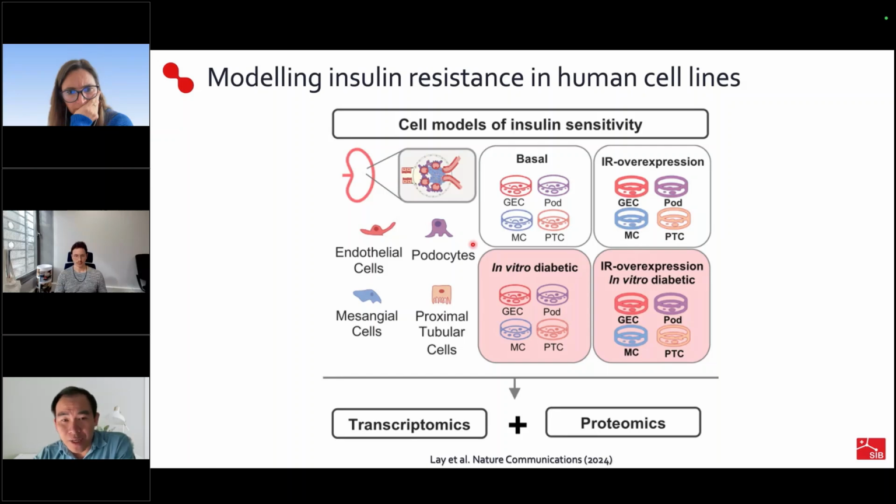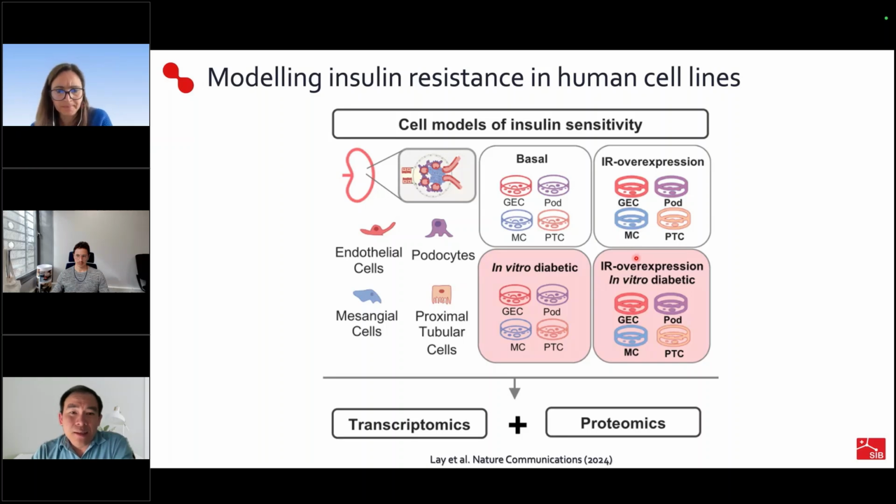We have 2 conditions, the basal one and the one where we mimic the diabetic environment. So we add high glucose and high insulin with TNF alpha and IL-6 to mimic the environment. And we also have the two conditions with the overexpression of the insulin receptor.